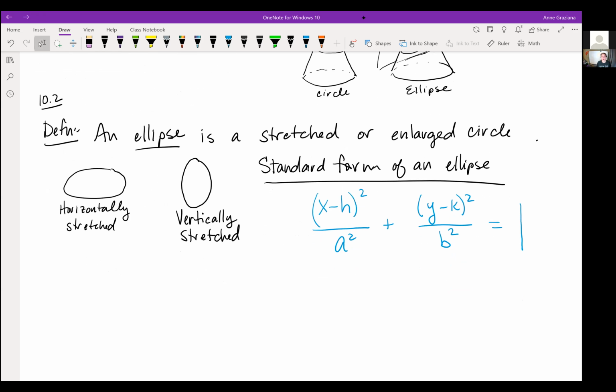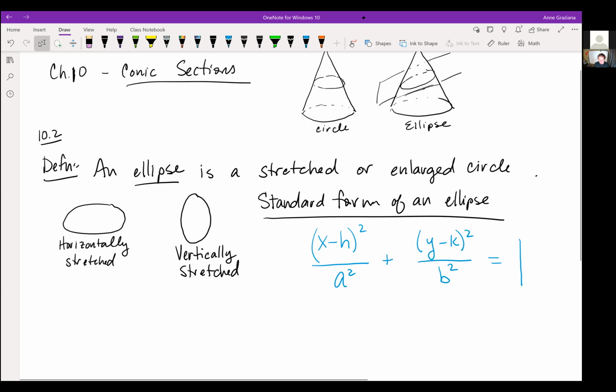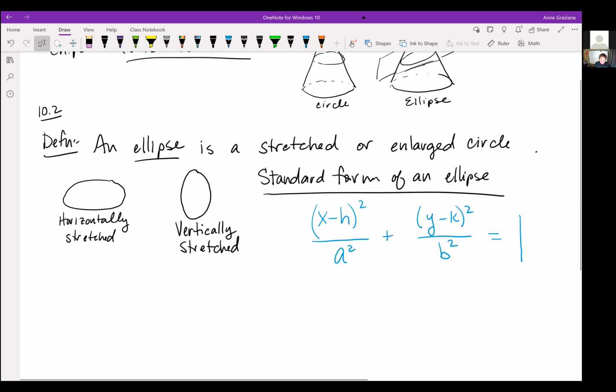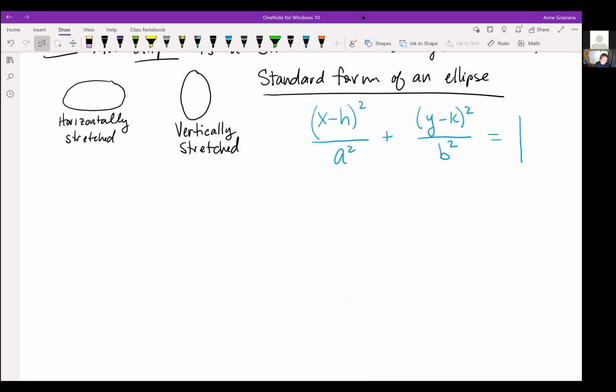Okay. So to be clear, an ellipse is two-dimensional. We typically put it on the XY plane. I'm just saying when I put this picture up here, you can see how we cut a three-dimensional object to get it. That's all I was trying to say up there. But here's the formula for an ellipse.